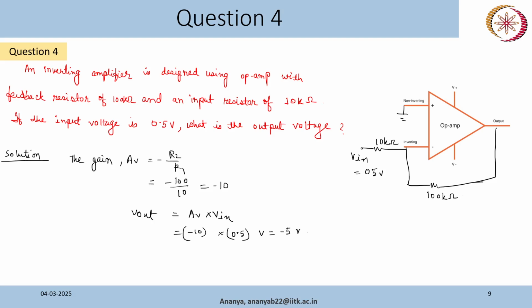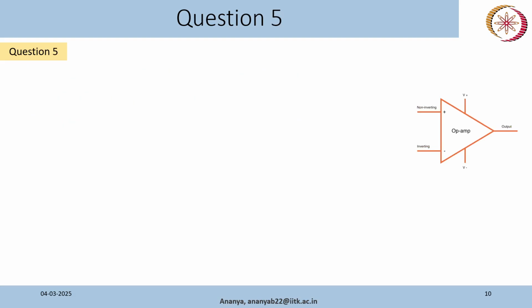Okay. Let's go to the next question. Similar question, but it is for a non-inverting amplifier. This is just for your practice. Again, I'm telling you, just so that you can recall the formulas that you studied probably in the initial stage of your engineering or undergraduate program.